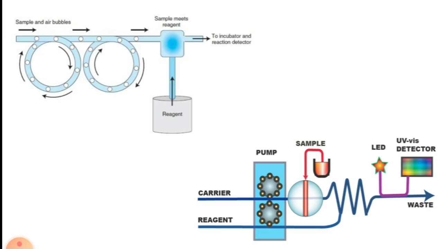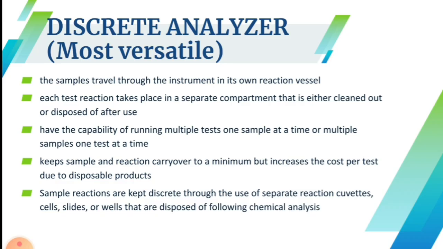So this is how a continuous flow analyzer works internally. Now let's proceed to the discrete analyzer. Discrete analysis is the separation of each sample and accompanying reagents in a separate container. Discrete analyzers have the capability of running multiple tests, one sample at a time, or multiple samples, one test at a time.